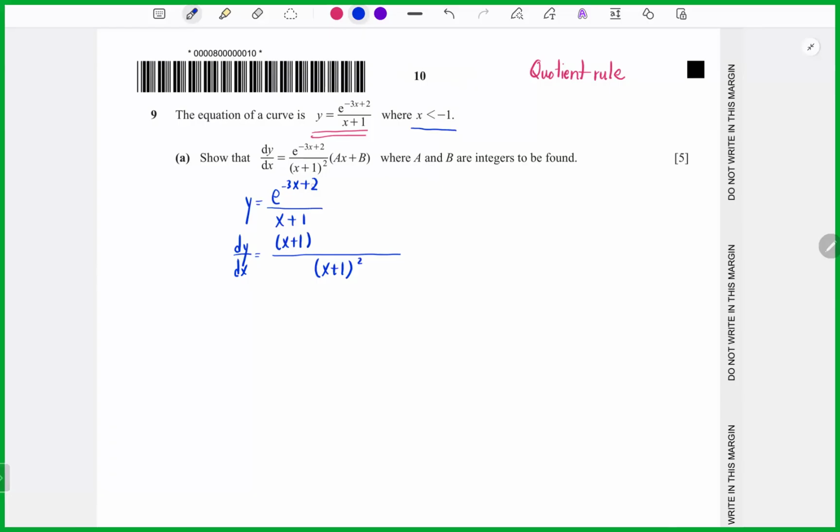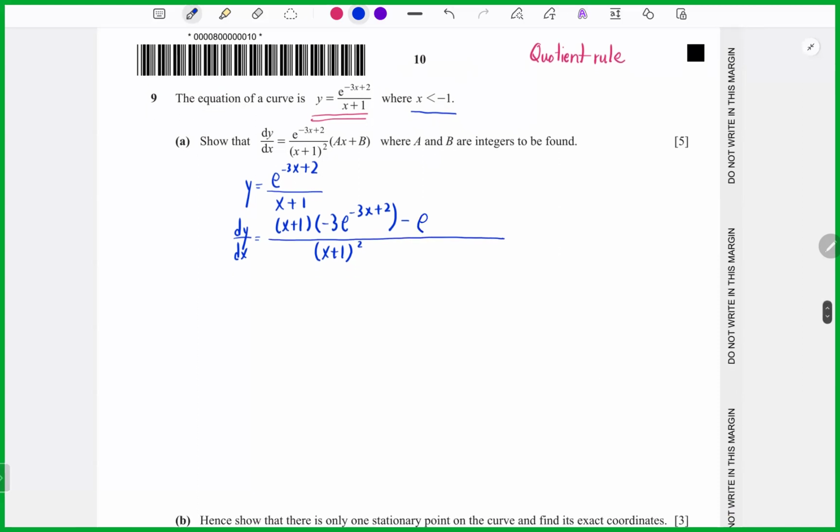Copy here the denominator, then differentiate the numerator, so you will get negative 3 e^(-3x + 2), bracket, minus, you copy back here e^(-3x + 2), and then you differentiate x + 1, you will get 1.